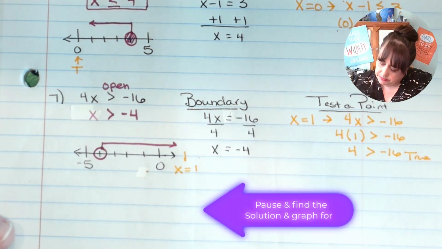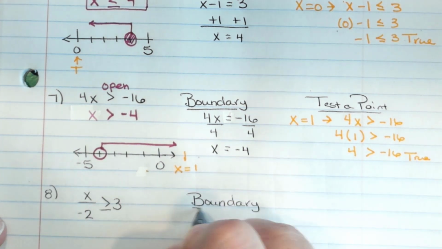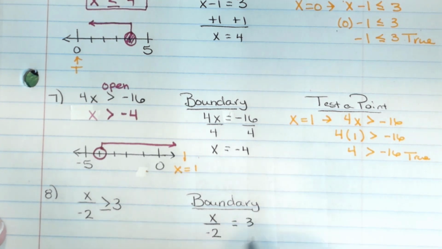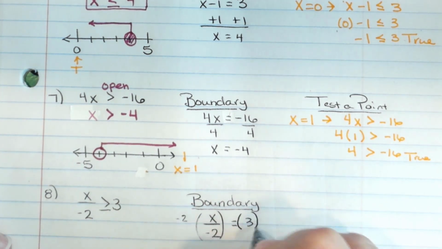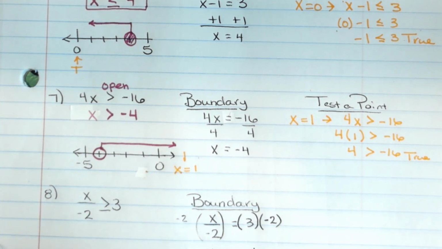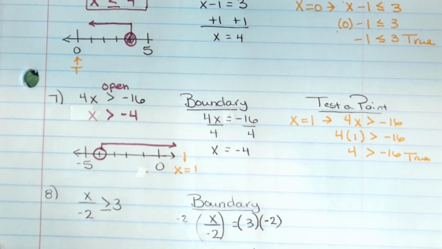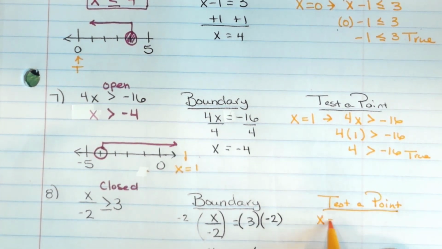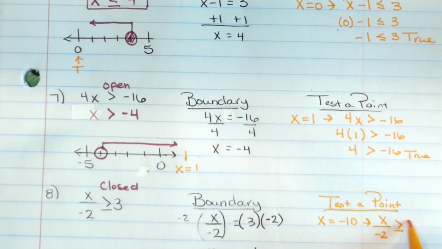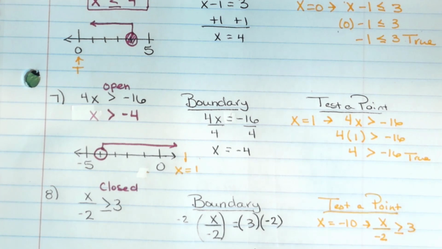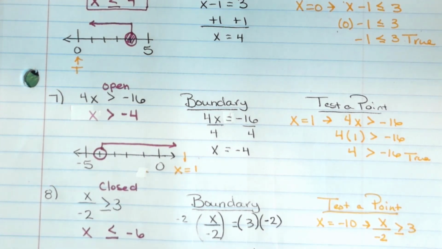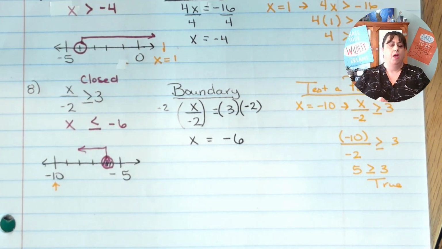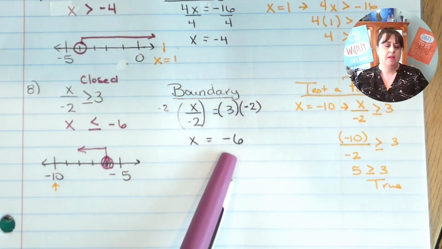Okay, and now let's look at number 8. Okay, so in this one, when I tested my point, I got x was -6.